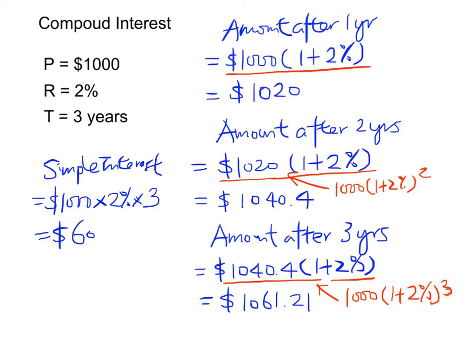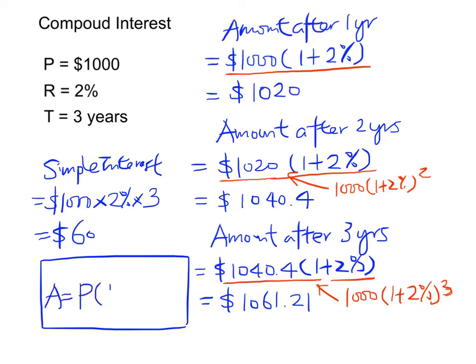And actually, 3 matches the number of years here. Therefore, finally, we have this compound interest formula. If we want to find the amount, this will equal P times (1 plus R percent) to the power T.